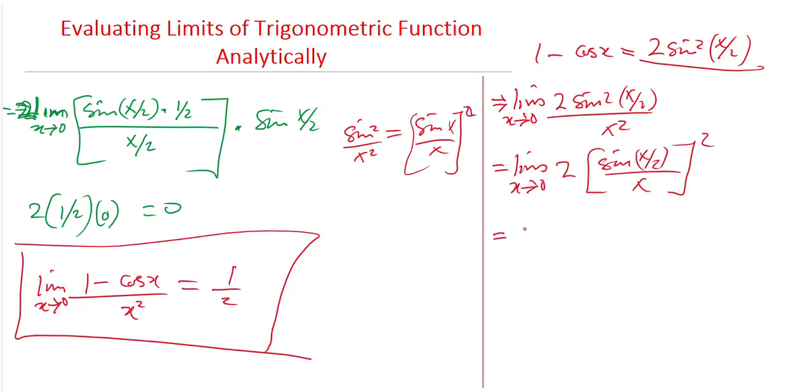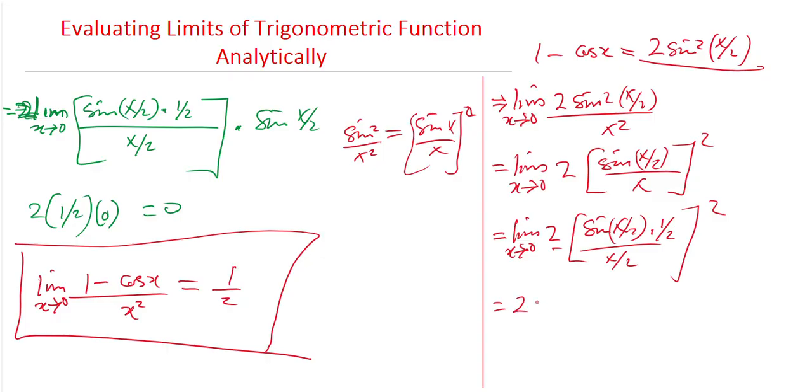So we are going to have the limit as x approaches 0 of 2 multiply sine x over 2 multiply 1 over 2 all over x multiply 1 over 2 will give us x over 2, all squared.